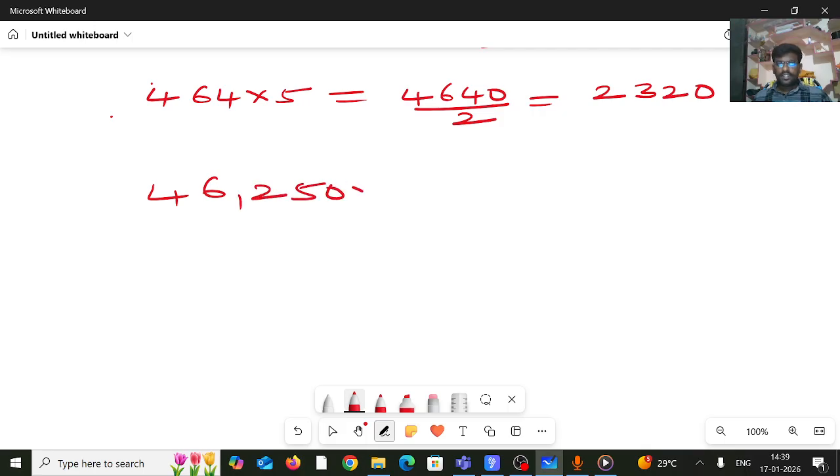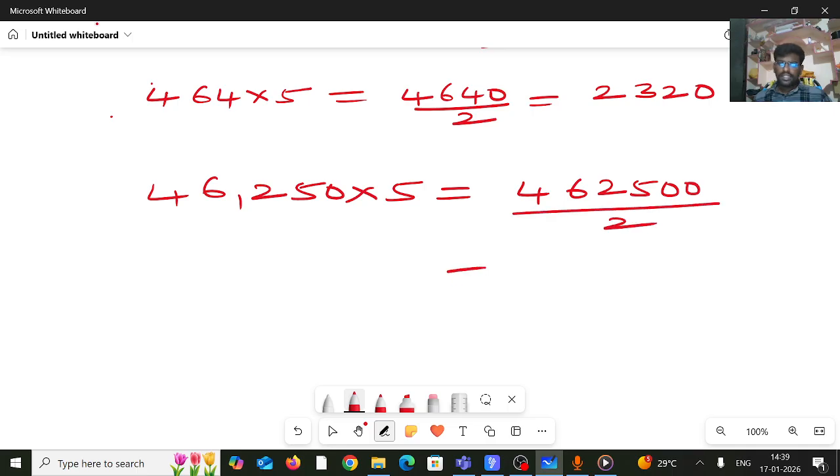46,250 multiplied by 5 will be equal to 462500 by 2, and that will be equal to 231250.